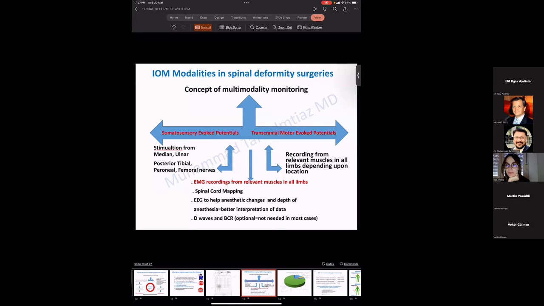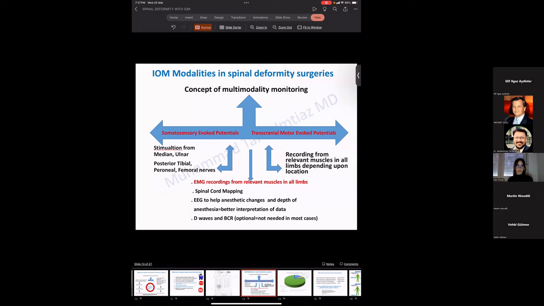Then I do EEG as a standard in all my patients, primarily because we are helping as a team with anesthesia, indicating the depth of anesthesia, because it helps in achieving our data acquisition. But I also do EEG because in somatosensory evoked potentials, it takes time to average those signals.